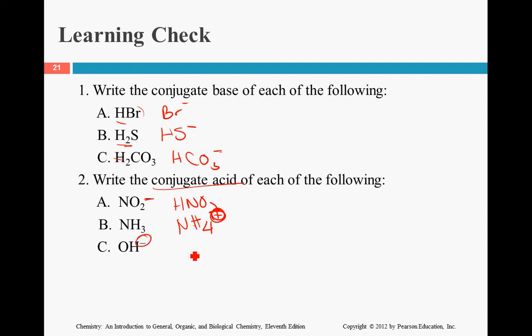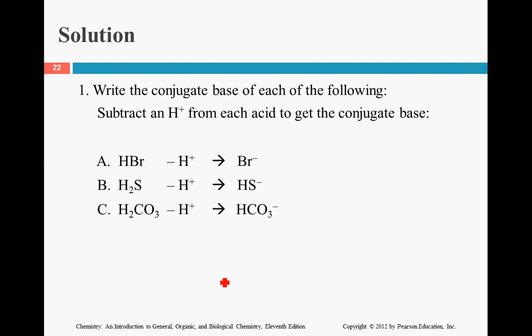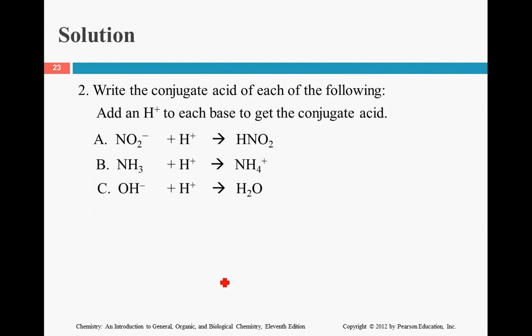It's OH, so it actually becomes water. You could say HOH, which has a negative, we're adding a positive 1 charge there, so they cancel each other out. When you rearrange that, it becomes H2O. There's our answers, and there they are for the next step.